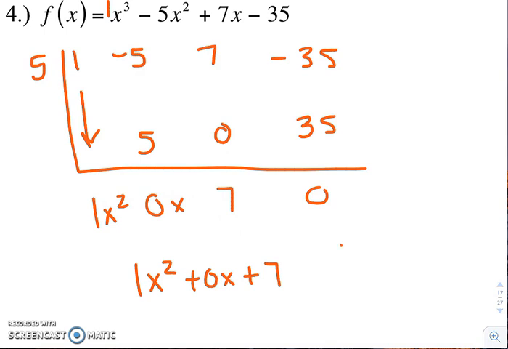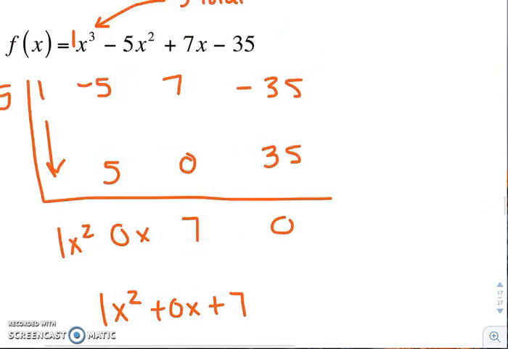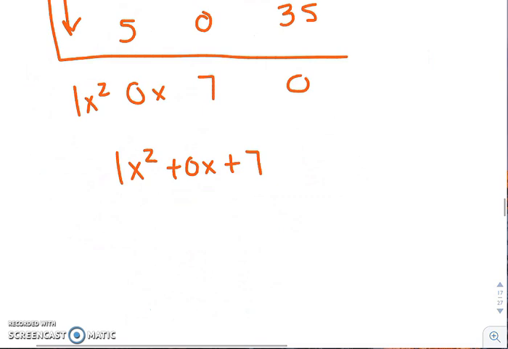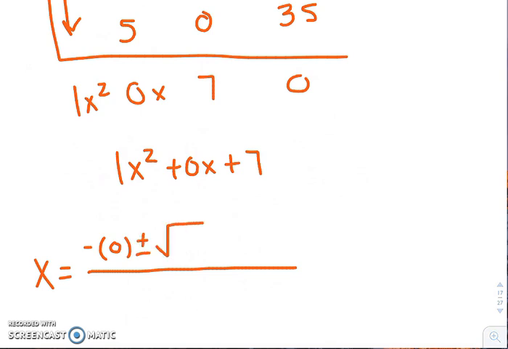So if we use our quadratic formula, we already know that 5 is one of our solutions, but we need to figure out the other two. So let's plug in our a, b, and c to find our x value. It seems kind of silly, but we're still going to write negative our b value, which is 0, plus or minus.